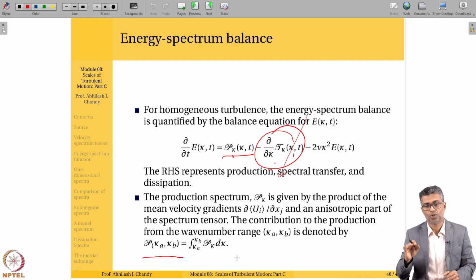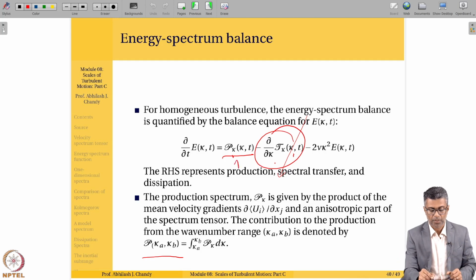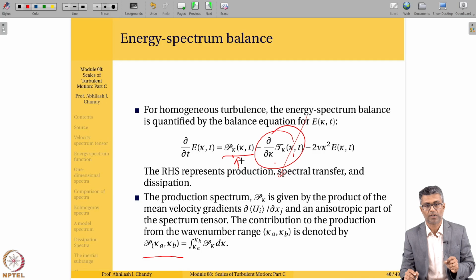Now on the right hand side you have three terms. The first one is the production term, the second one is the spectral transfer, and the third one is the dissipation. So essentially this makes up the three regimes in your energy cascade, isn't it? You have the energy containing range, where the energy is produced, the production term.